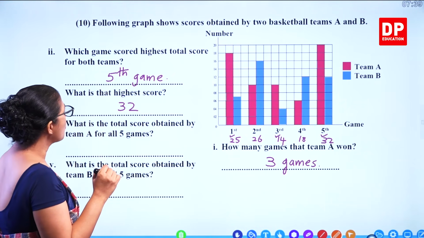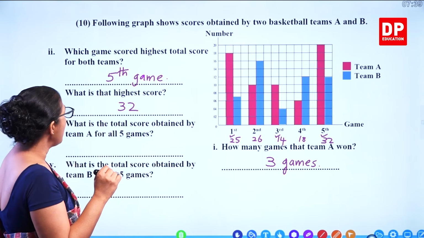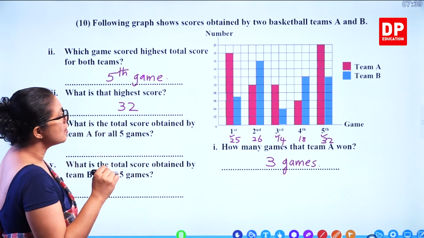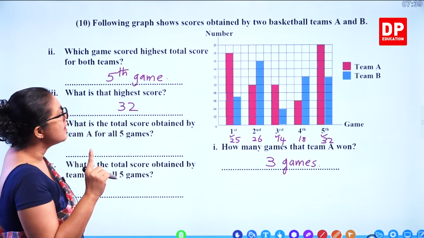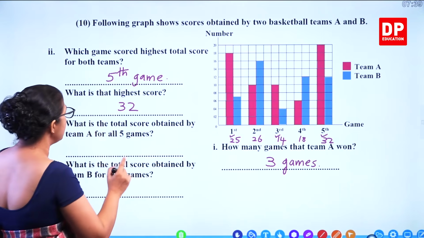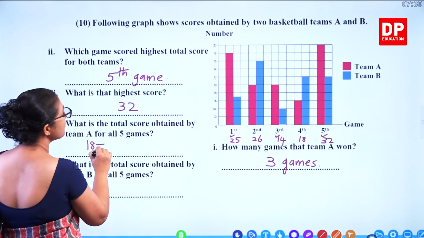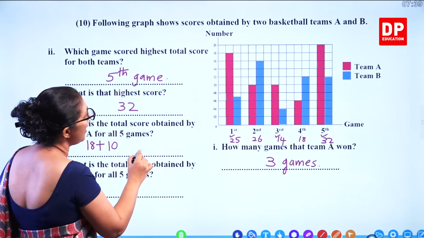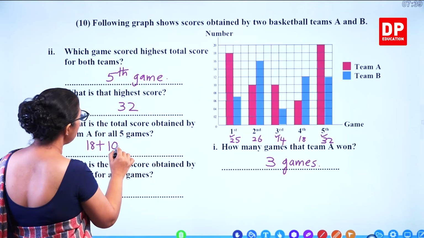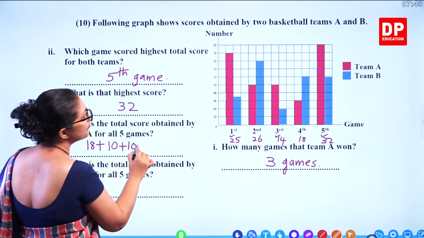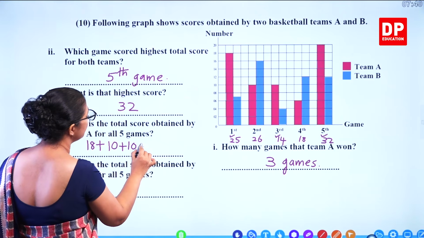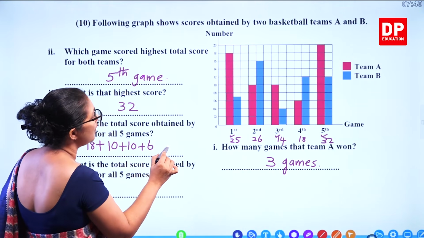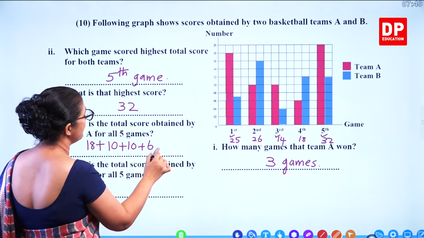What is the total score obtained by Team A for all 5 games? So you have to add all the red color ones. 18, 10 and 10 again, 6 and 20.